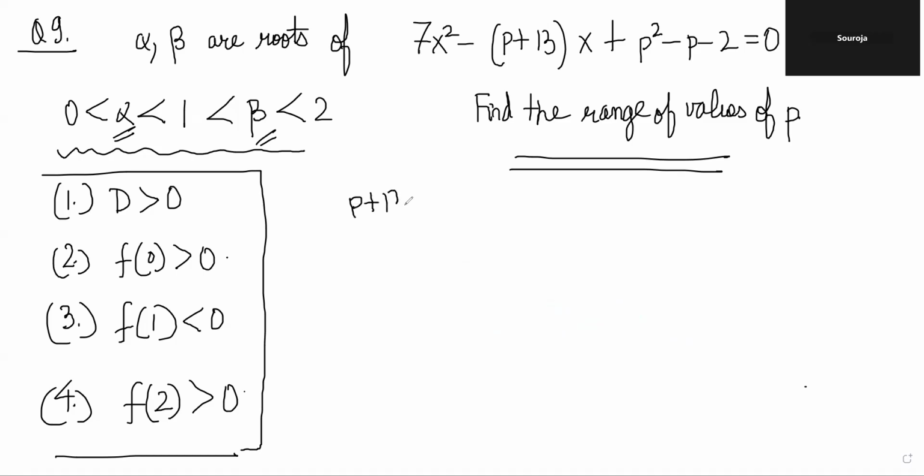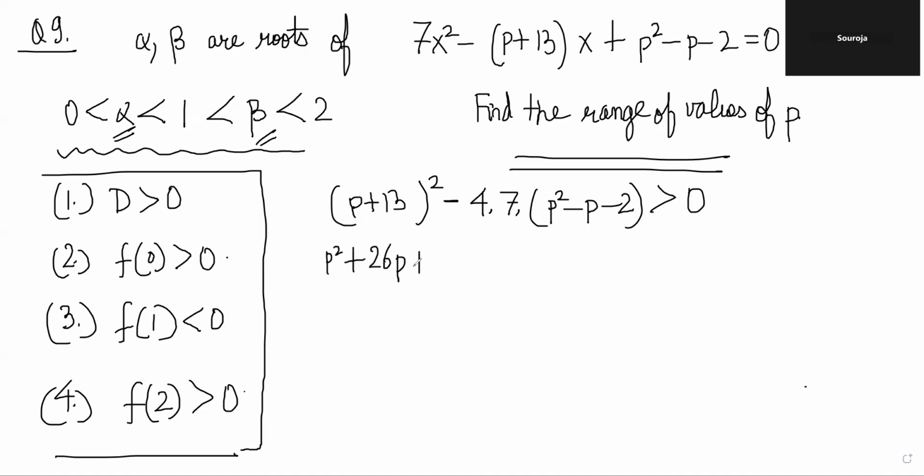That becomes (p plus 13) whole square minus 4 times 7 times (p square minus p minus 2) is greater than 0. So this becomes p square plus 26p plus 169 minus 28p square plus 28p plus 56.